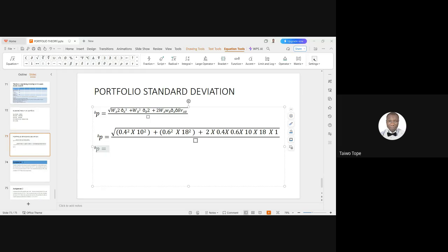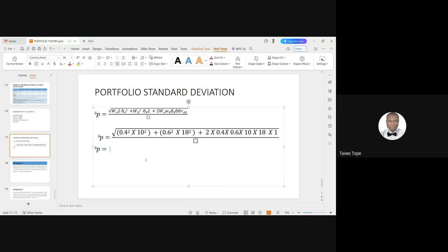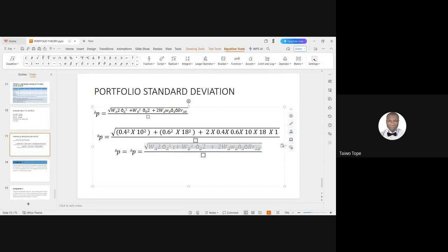Okay, let me also try and break it down. When we multiply, this will give us 16 here.